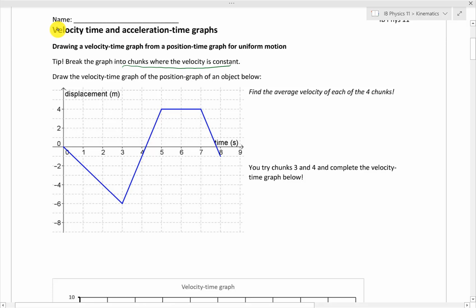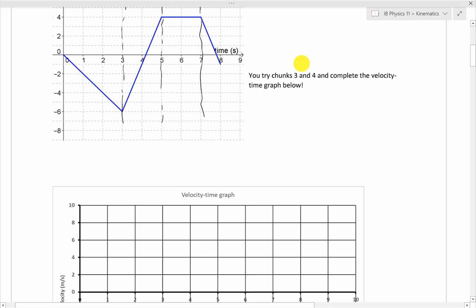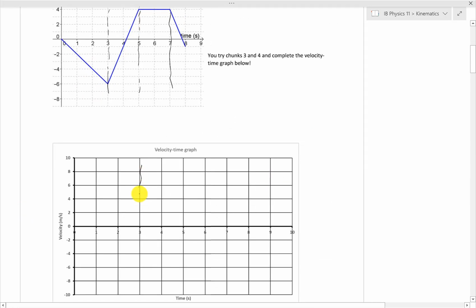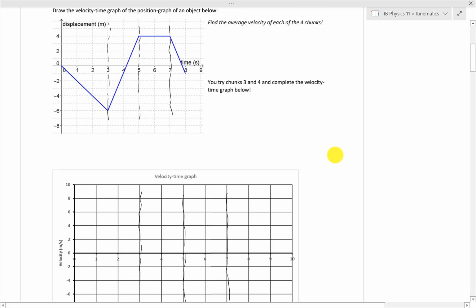I'm going to change into a black pen here. So here I have a break at the 3 second mark. He changes his velocity again here, and at the 7th second mark. On my velocity time graph, it's kind of over here, the 5, and the 7 here, okay?